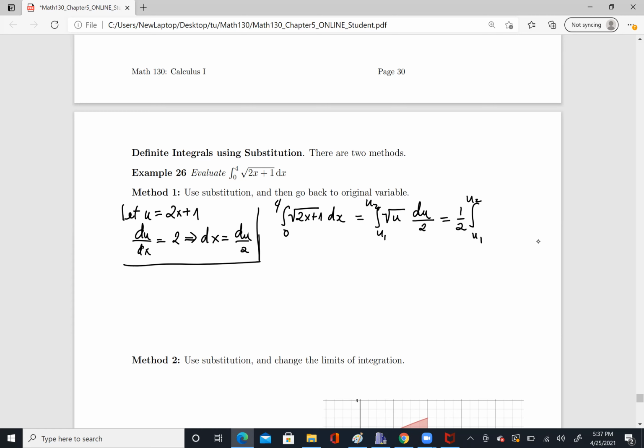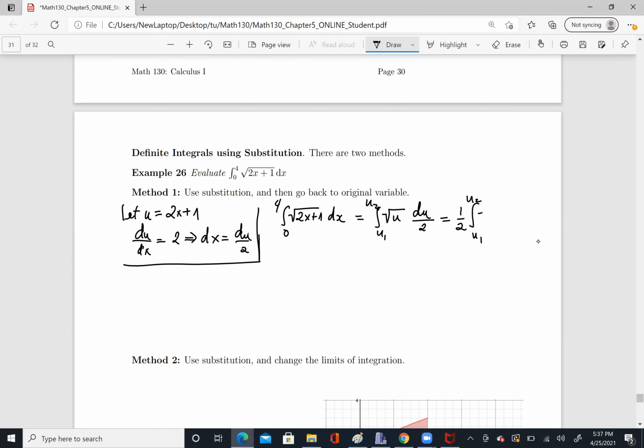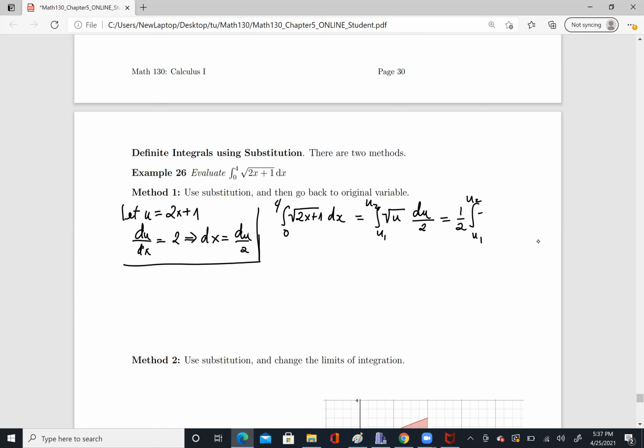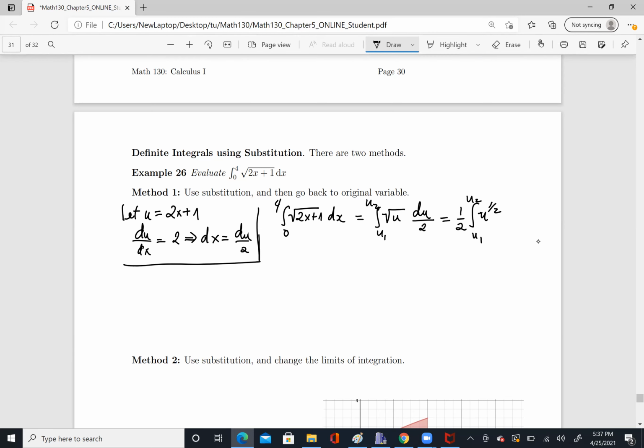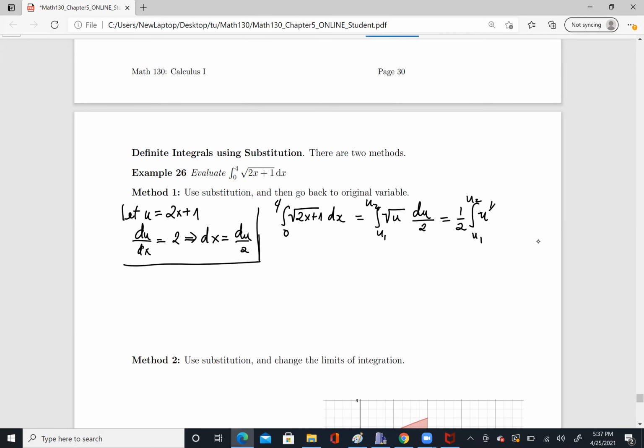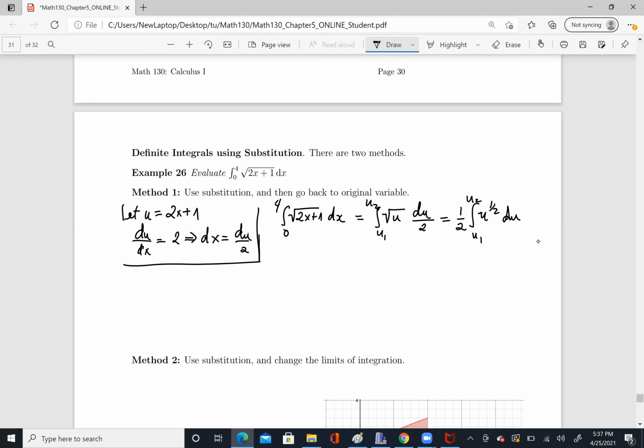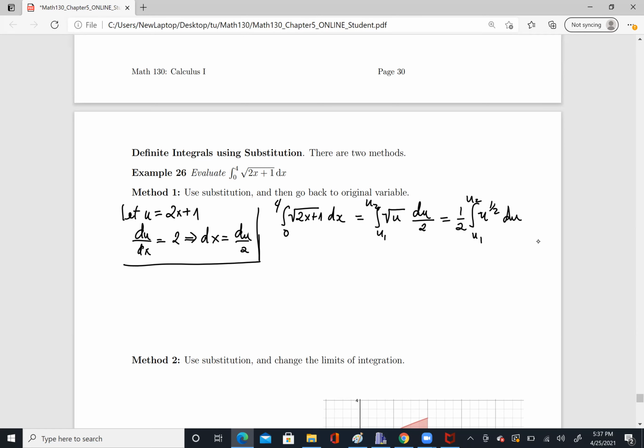I'm going to have square root of u become u to the power 1/2, times 1/2 du. Okay, so apply the integral rule.